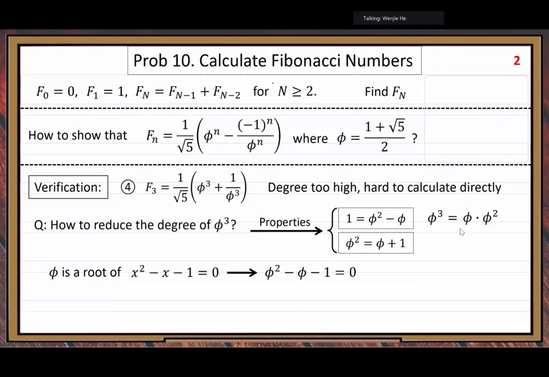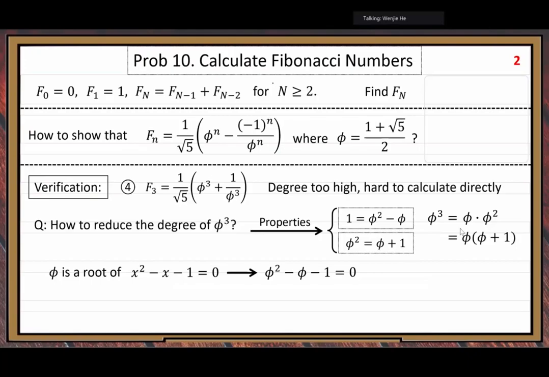Here you see phi squared, so we make phi squared stand out. When we see phi squared, we can apply the second property and replace phi squared by phi plus 1. Then the degree becomes lower, right? Because the degree of phi squared is 2, and the degree of phi plus 1 is 1. The highest degree term is 1, so we change from degree 2 to degree 1. So going down. All right.